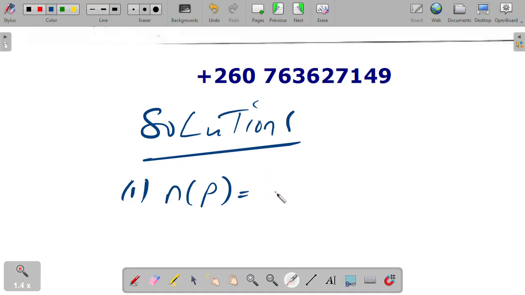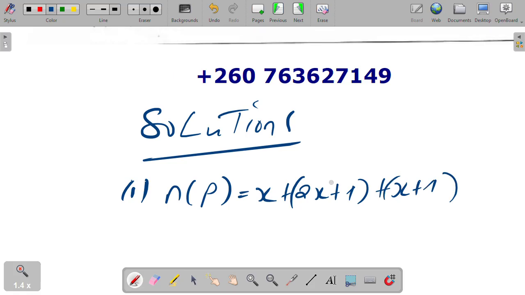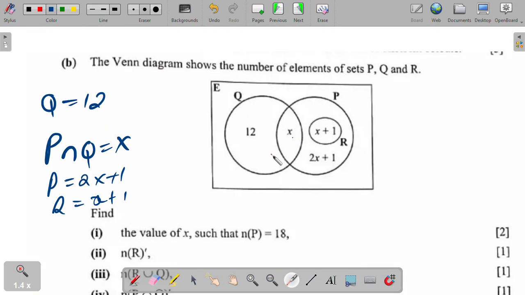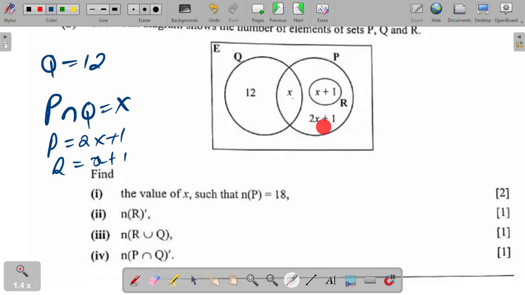So we are saying it is equal to, let me write here, x plus (2x plus 1) plus (x plus 1). You have seen what we have done. We have collected x, 2x plus 1, and x plus 1.